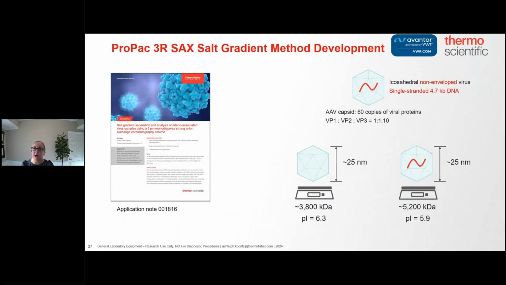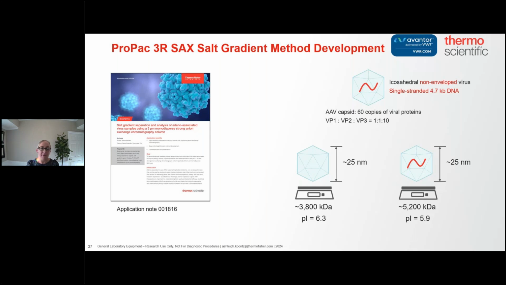We have various application notes that suggest starting method conditions and optimized method conditions for your applications, depending on what types of modalities you're running. This one will dive into our empty and full AAVs in particular.